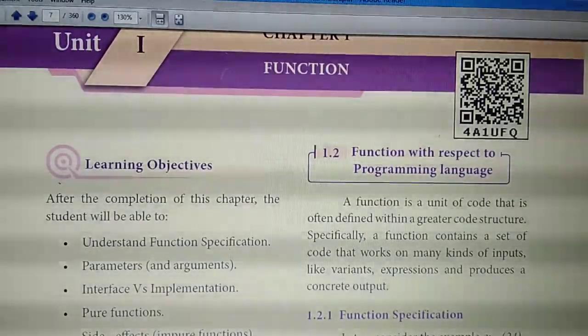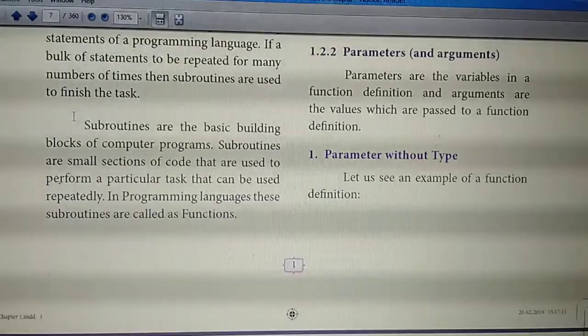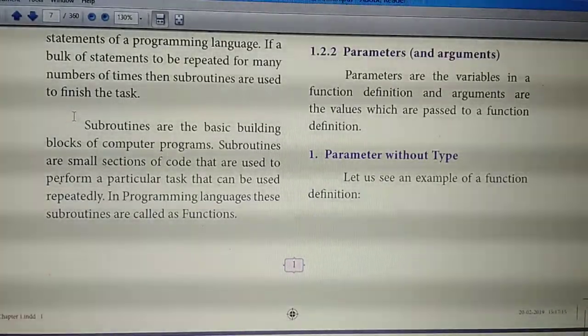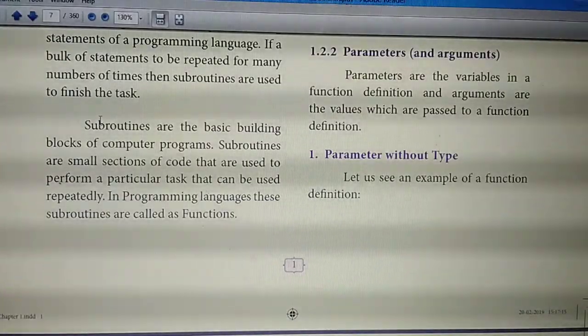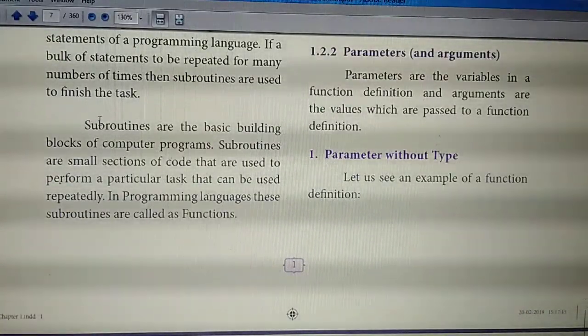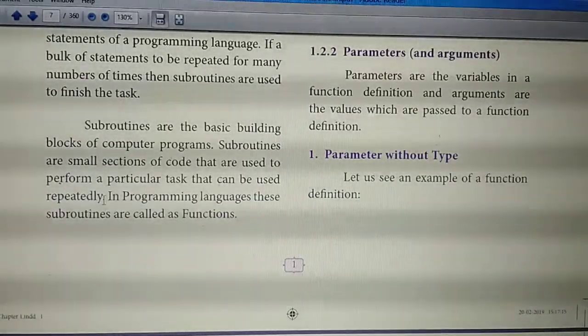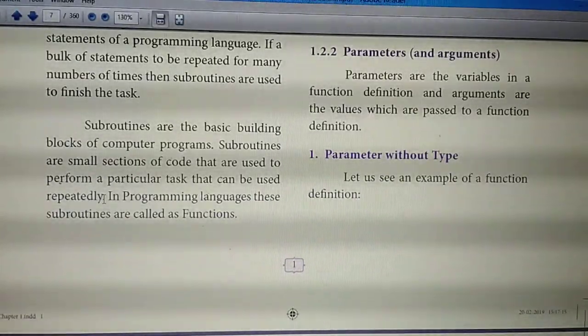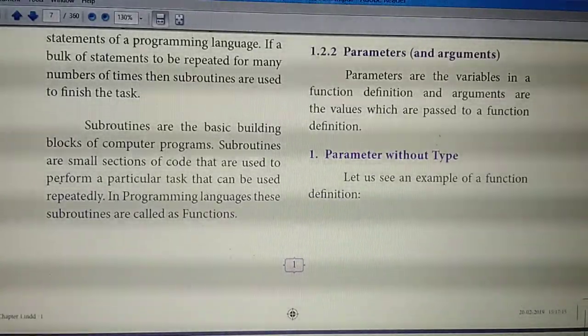What is subroutines? Very, very important question. Starting from here: subroutines are the basic building blocks of a program, till repeatedly. This is the first 2 mark question. Mark it from here. Understand? Subroutines to repeatedly.